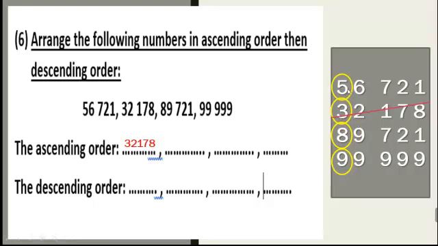Okay, after that I have 5, 8, and 9. What is the smallest? 5. So I will write it next. After that I have 8 and 9, and 8 is smaller, so I will write it. And the last one will be 99,999. The descending order, we will start with the biggest one, and I will leave it for you.